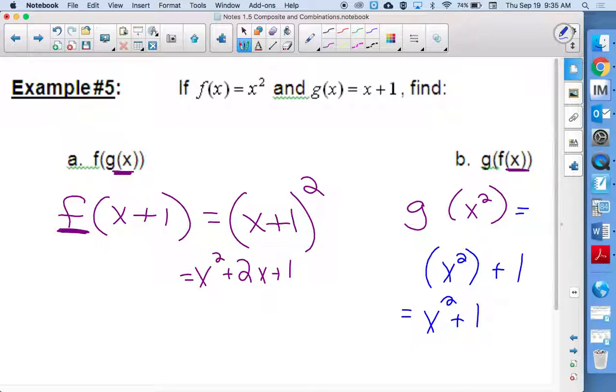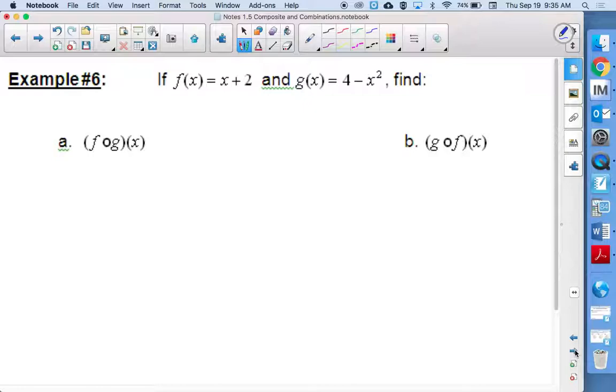See if you can try the next two problems underneath. Again, composite, using the other notation. Whatever variable's first is the variable on the outside. So this is f, that little circle is a dot. That's what we call it, like f dot g or f of g. The second variable or function goes on the inside. So the f is first, it goes on the outside.